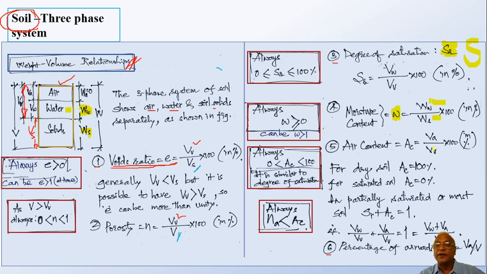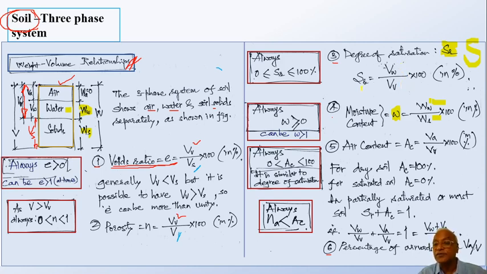Then air content, AC. It is the volume of air to the volume of voids. Water content is in terms of water, but air content is a volume of air to the volume of voids. The denominator is volume of voids, the same as in degree of saturation, but there it was volume of water to volume of voids.